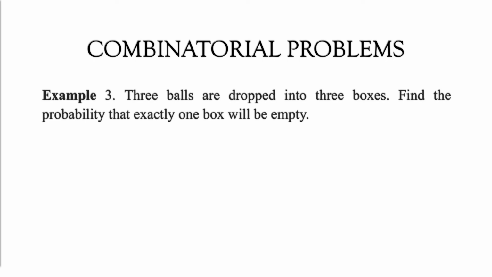Thus, the number of arrangements counted in this scheme is the number of unordered samples of size r with replacement, or the combination of n plus r minus 1 taken r at a time. So the Bose-Einstein assumption takes all these arrangements as equally likely.